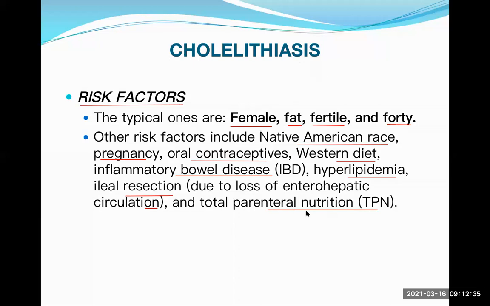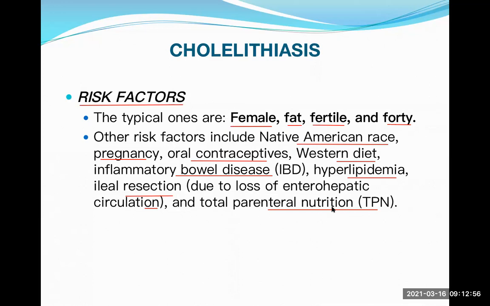Total parenteral nutrition is used when somebody cannot eat through the mouth for a long period of time, and the person is very sick. We give a very dense type of nutrition to them: certain fatty acids, certain amino acids, and glucose, along with vitamins.